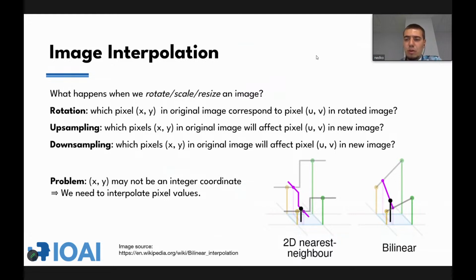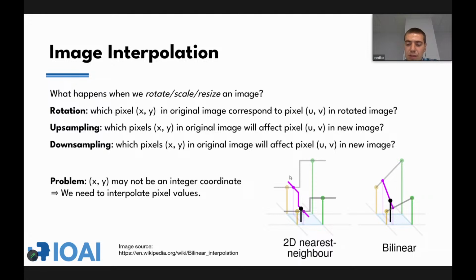There are a few operations that we already mentioned, like, for example, scaling, upscaling and downscaling an image, but also rotation. So we can also rotate the image at a certain angle. But once we do that, the grid that represents our pixels no longer corresponds to the original positions.